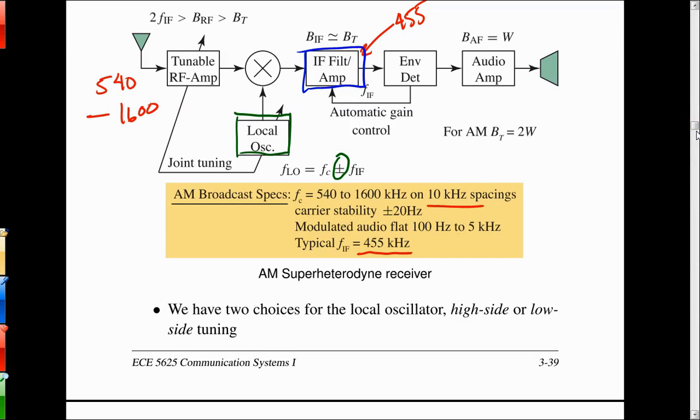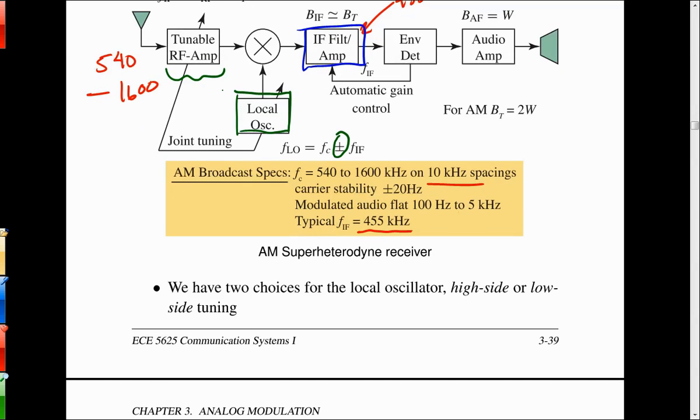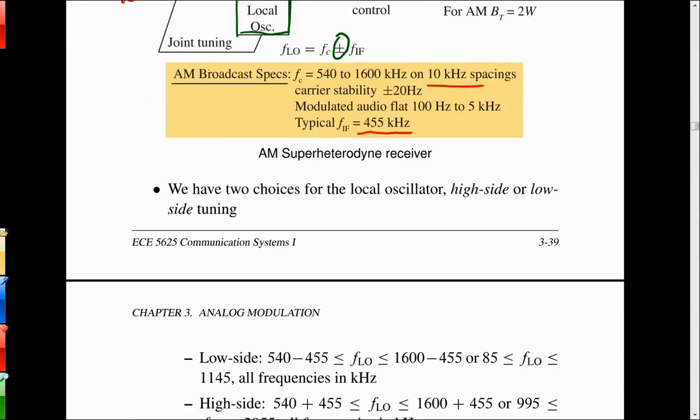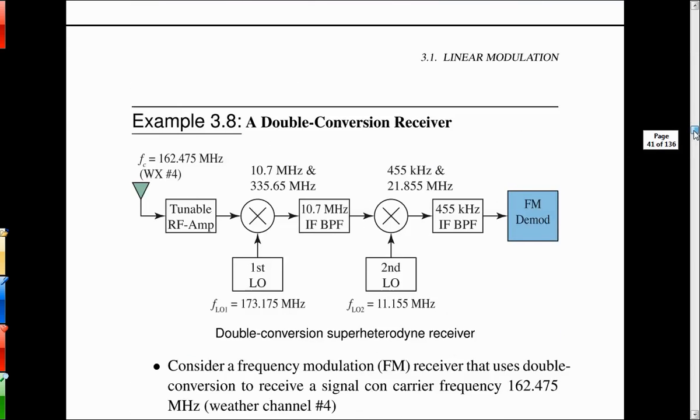This tunable filter out here is sometimes called an image rejection filter, because its purpose is to reject the image. It actually can serve more than just rejecting the image, but it has a primary role of rejecting the image.